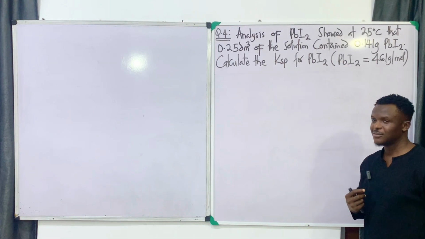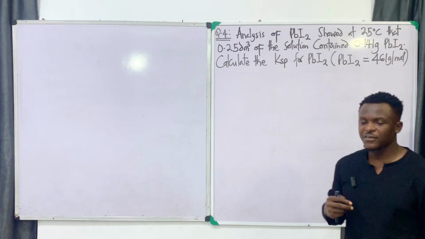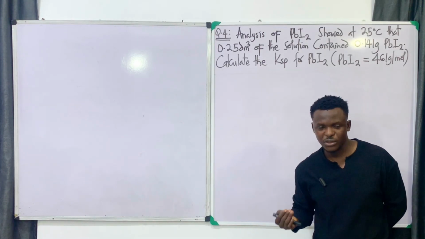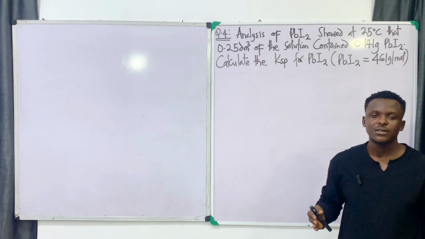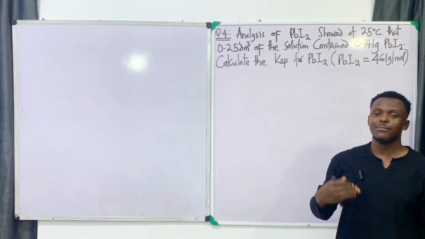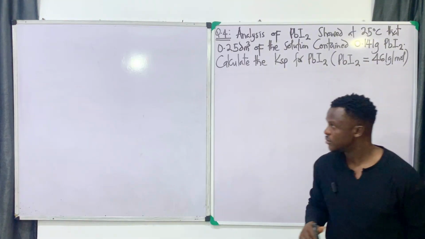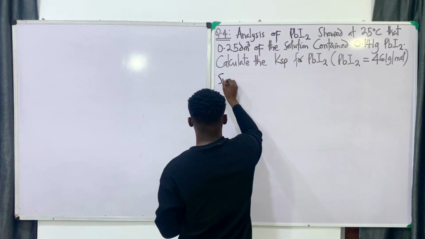This time around, they actually gave us the mass and they gave us the volume. So it is left for us to get the molarity of that compound. So I'll say solution.